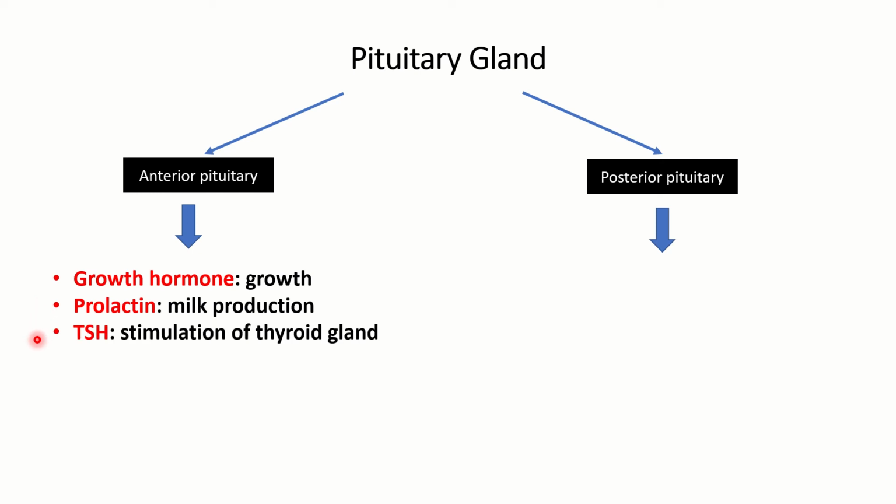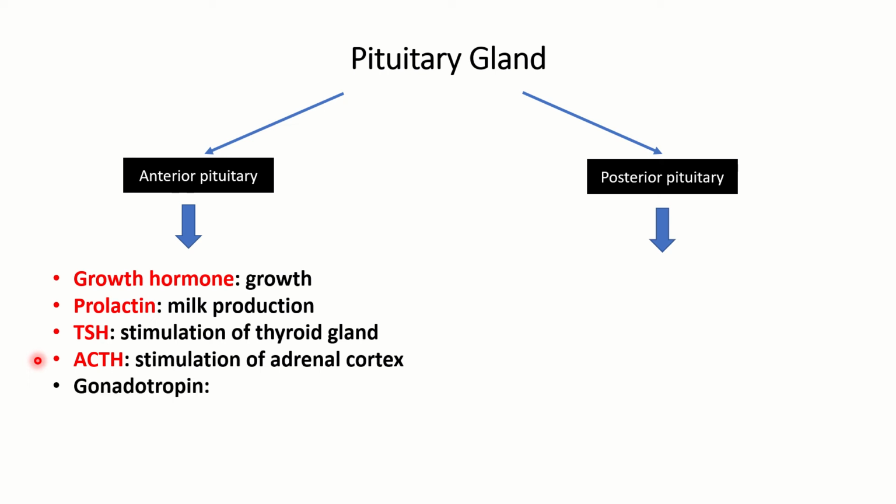TSH, or thyroid stimulating hormone, stimulates the thyroid gland. ACTH, or adrenocorticotropic hormone, is for the adrenal cortex. And then you have the gonadotropins, which are for the gonads. You have two types of gonadotropins. One is called LH, or luteinizing hormone, and that is affecting the testes and ovaries.